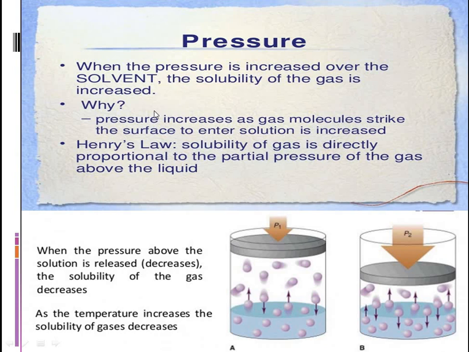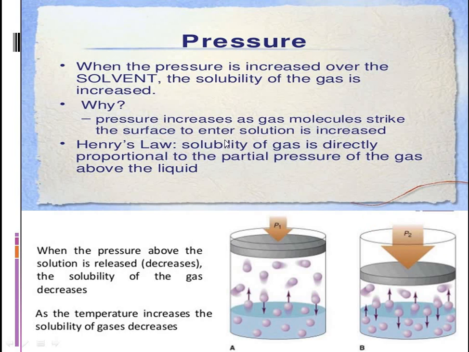Now this is what happens when pressure is increased. When the pressure is increased over the solvent, the solubility of the gas increases, because the rate at which gas molecules strike the surface to enter the solution increases. When we increase the pressure, the gas particles which are away from the liquid get close to the liquid, and they have no place to go, so they get into the solvent.